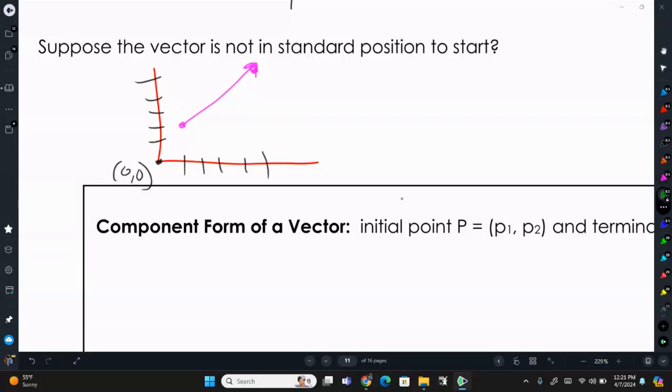To find the horizontal component, you would subtract the x values of these two points. And then for our vertical component, we would subtract the two y coordinates of our two points, and that would give us the component form of a vector.